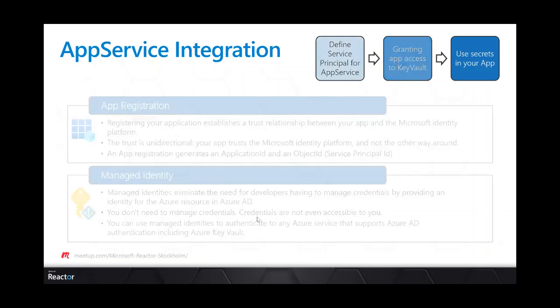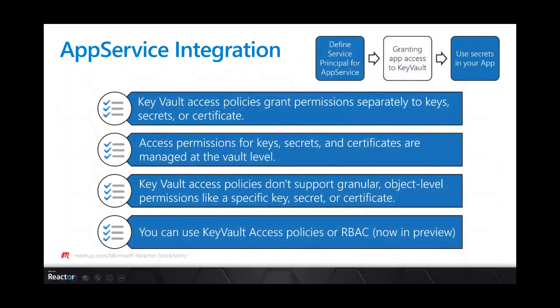Second step, I go to the Key Vault and create the policy for that particular app, for that particular service principal, using either the Azure Key Vault policy or role-based access control. It's the same, because both Key Vault access policy and role-based access control work on service principal.